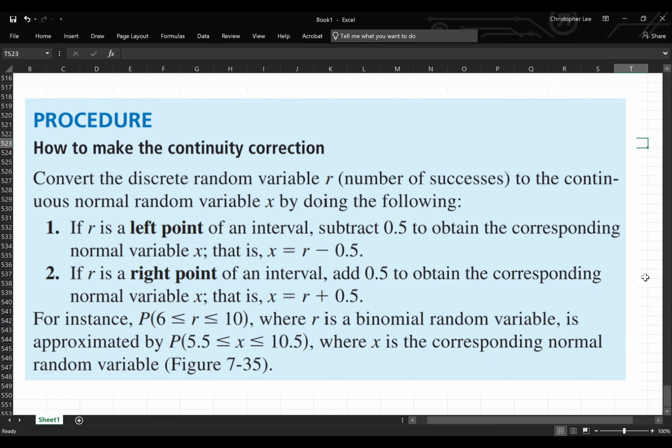That is, x is equal to r minus 0.5. If I ask you greater than, you're going to subtract 0.5. If r is to the right of an interval, add 0.5 to obtain the corresponding normal variable x. That is, x is equal to r plus 0.5. If I ask you less than, add 0.5 to it.